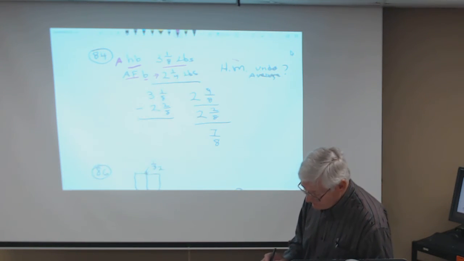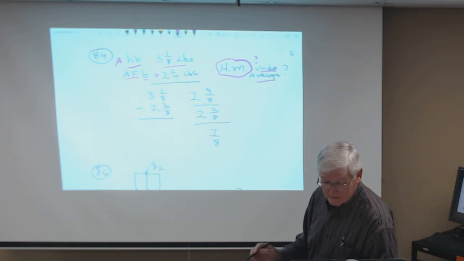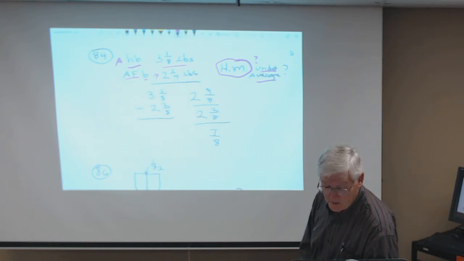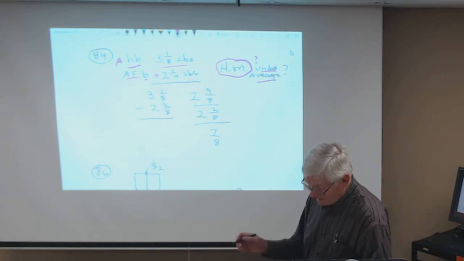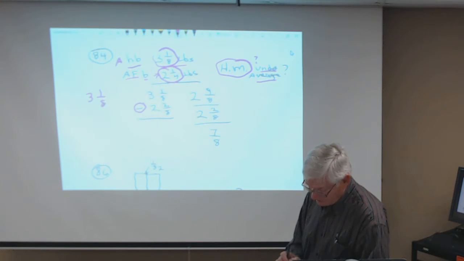How much under the average was his brain? Well, I take 3 1/8 minus 2 1/4.